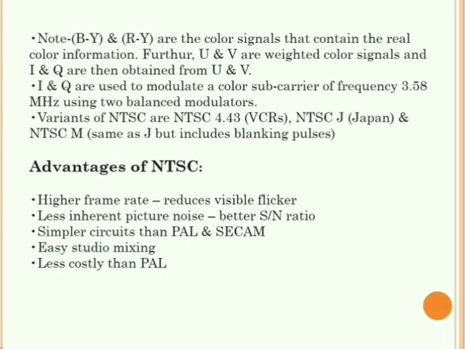It has a higher frame rate, which reduces the visible flicker. It has less inherent picture noise, which gives a better signal to noise ratio. Whenever we send a particular signal, for that signal to be transmitted properly, when we get 100% output, then signal to noise ratio is maximum, because it is the amplitude of the signal over the amplitude of the noise.